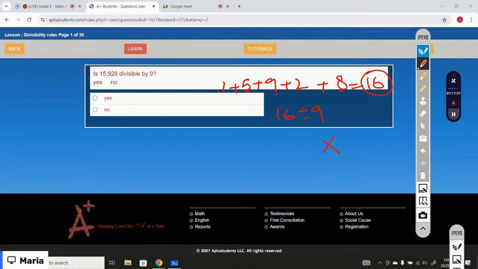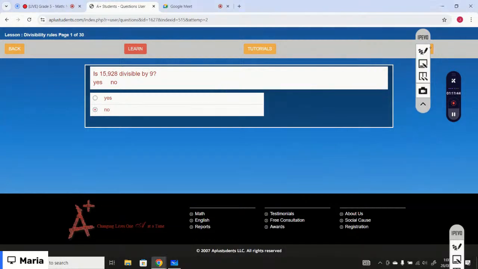The correct option is no. See, 15,928 is a 5-digit number, right? If you start dividing it by 9, it will take 4 to 5 minutes at least, right? But you just did 2 steps and you know that this number is not divisible by 9. So the correct option is no. Got it?